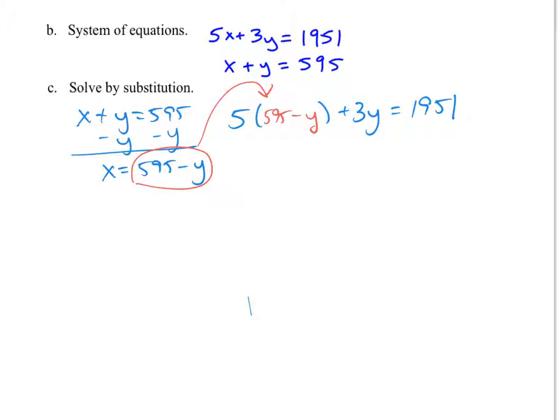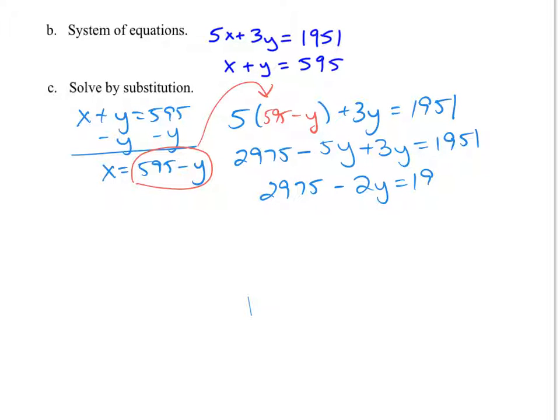So 5 times 595, 2,975, minus 5 times Y, which is 5y, plus 3y equals 1,951. The terms negative 5y and 3y are on the same side, so we just combine them. So 2,975 minus 2y equals 1,951.